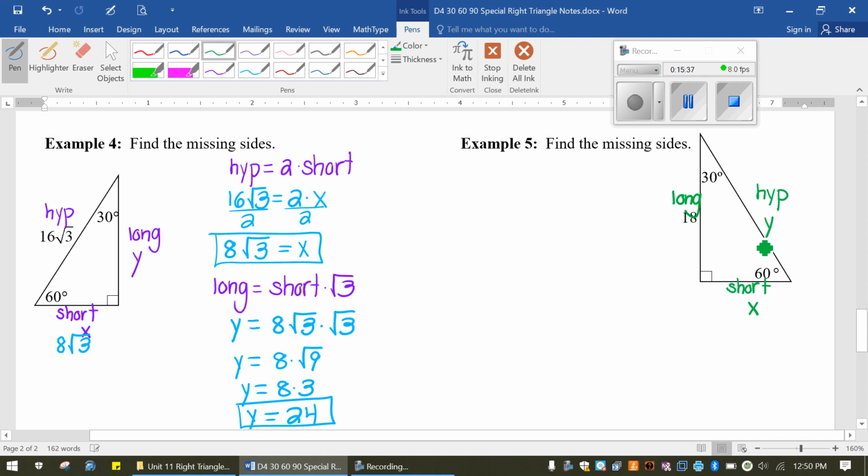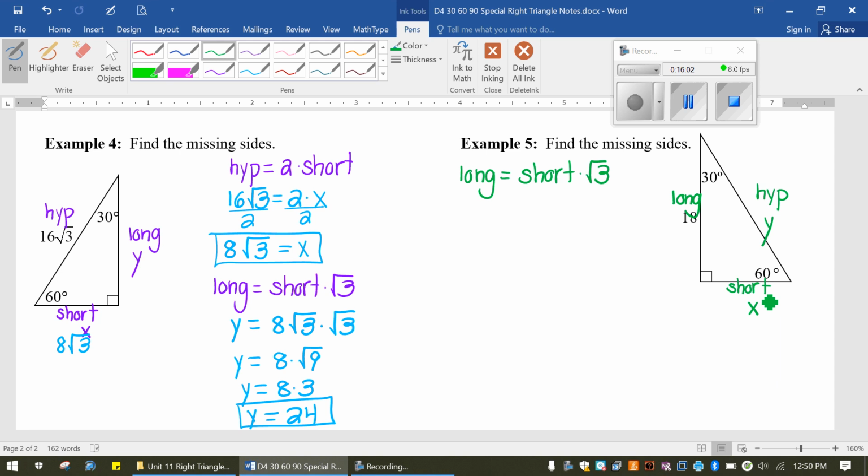I'll call it y. Since we are given the long leg, we have to start with the formula long equals short times square root of 3. I can't use hypotenuse, which I don't know, equaling 2 times short, which I don't know, because I'd have two different variables. So I have to start with the formula where I know one of the pieces.